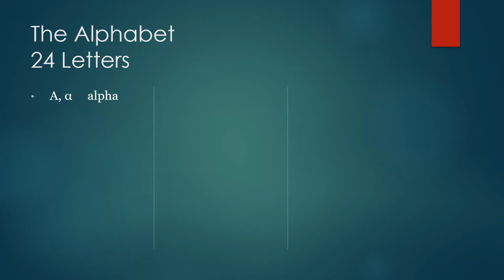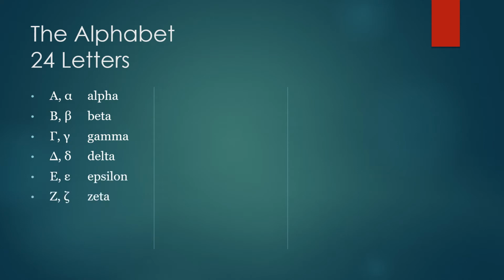Our first letter is alpha. Second is beta, and that's where we get alphabet, alpha, beta. Gamma, delta, epsilon, zeta, eta, theta, iota.